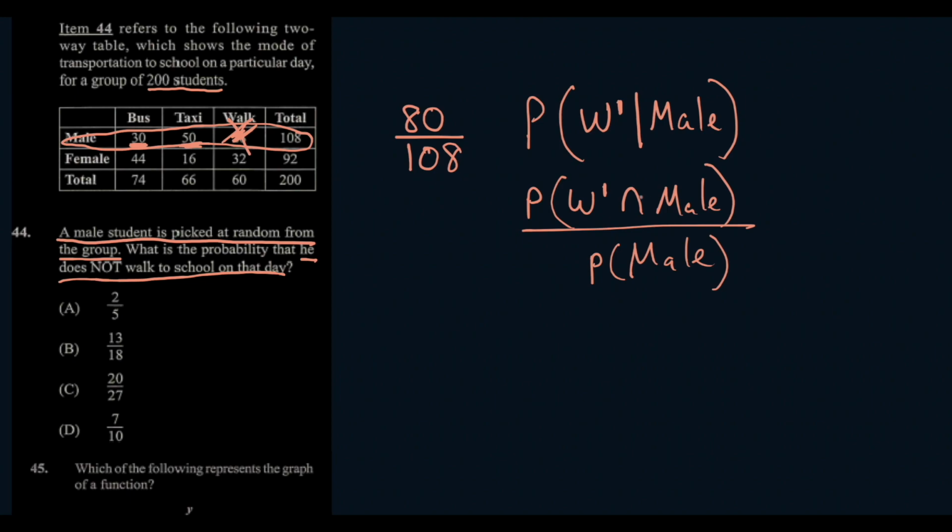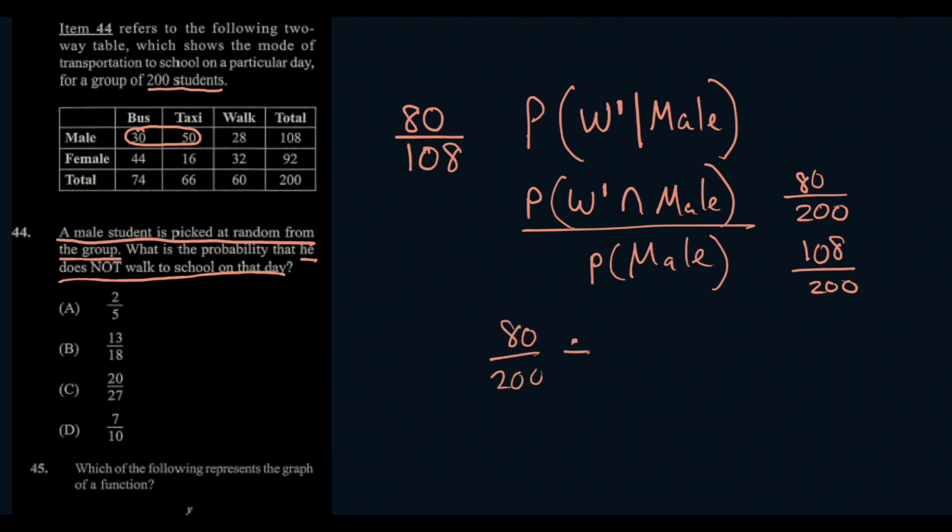So not walk would be 30 plus 50. So to clarify that, not walking and male would be these. So that probability would be 80 over the total, the overall, which is 200. And then the probability of being male, which is down here, would be 108 divided by 200. Now, if we were to work this out, it would be 80 over 200 divided by 108 over 200.